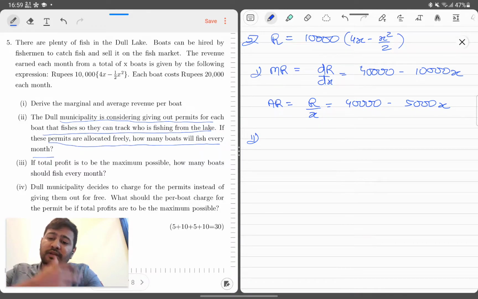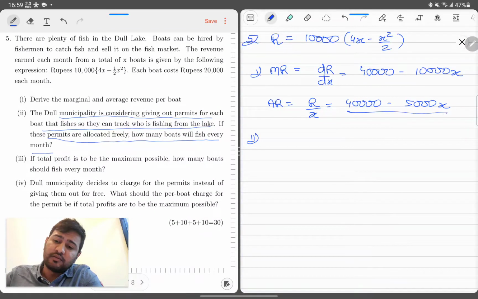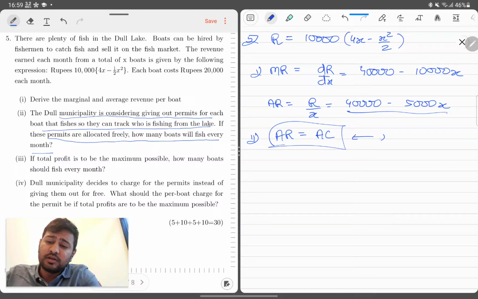So if there are x fishermen, the revenue for each fisherman is the average revenue, which is given by this particular function, 40,000 minus 5,000x. So to solve the second part, average revenue is equal to average cost of each fisherman, because when that happens, profit for each firm becomes equal to 0.